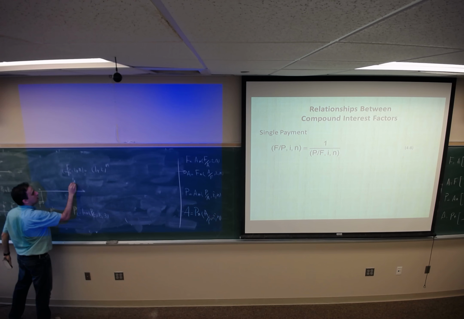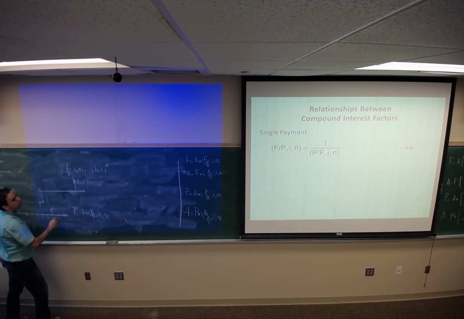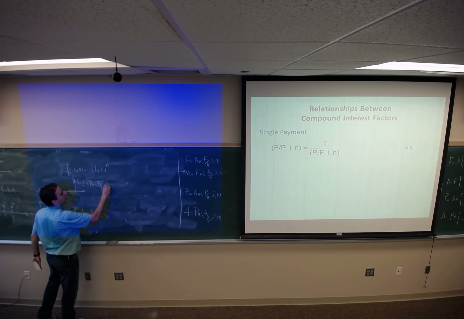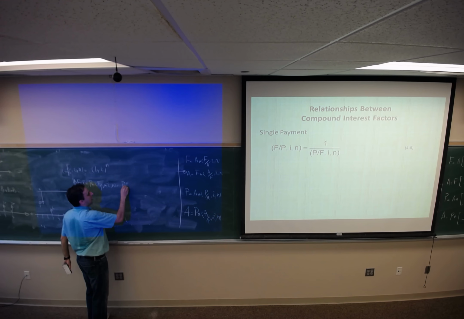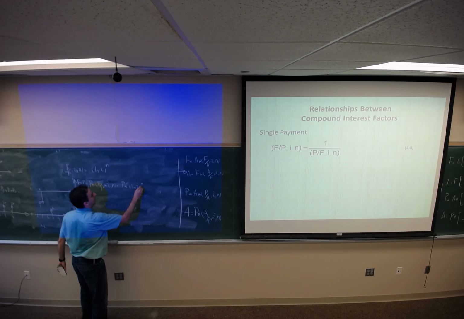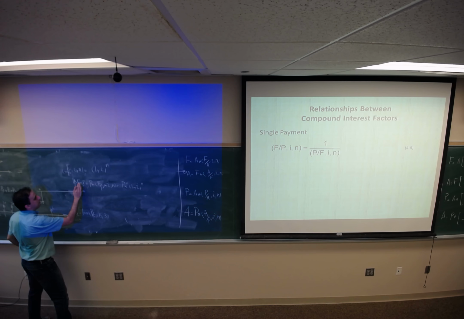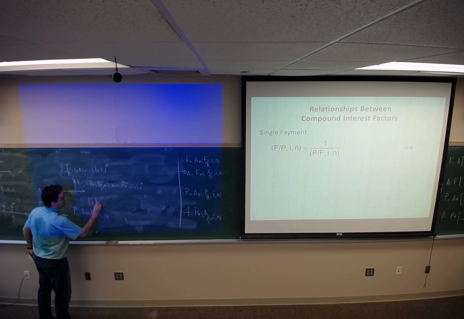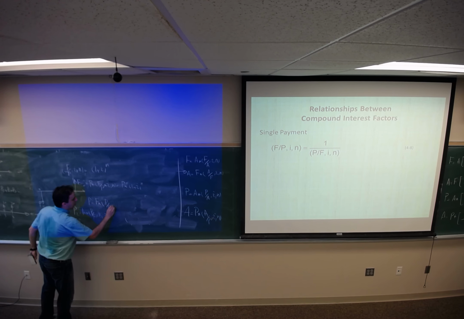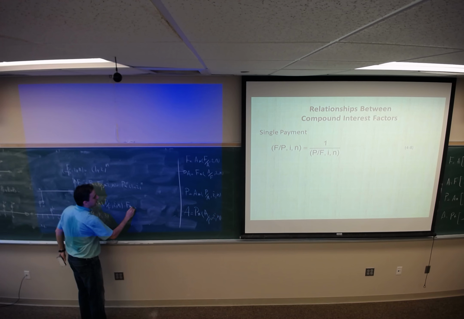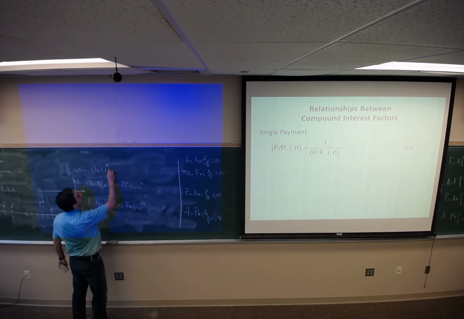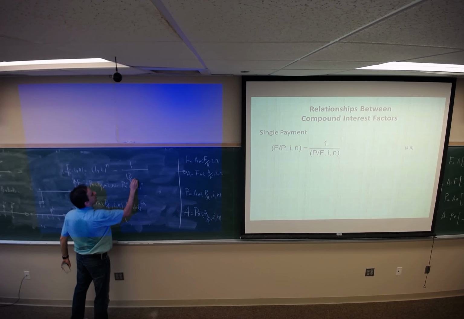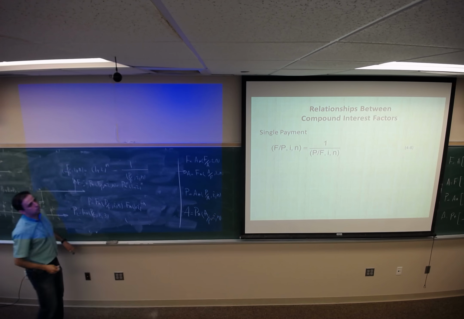You are looking for F. What would be the F? F would be P times F over P I N, or P times 1 plus I power N. If F is given and we are looking for P, it's going to be F times 1 plus I power negative N. So as you see, this is going to be 1 over P over F I N.